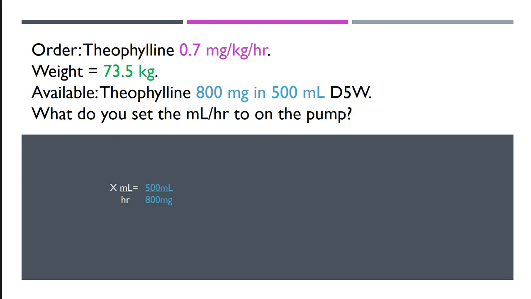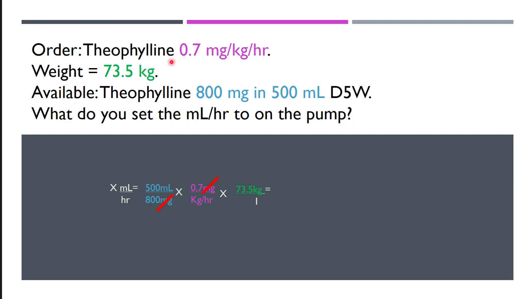So I just set it up the same way as the last one. Pull that information down. I need to change that milligram out. I'm going to pull out that 0.7 milligrams per kilogram per hour. That way I can cancel these out. And now I just have mils on top and kilogram per hour. So I need to get rid of that kilogram. What do I have up there but kilograms?